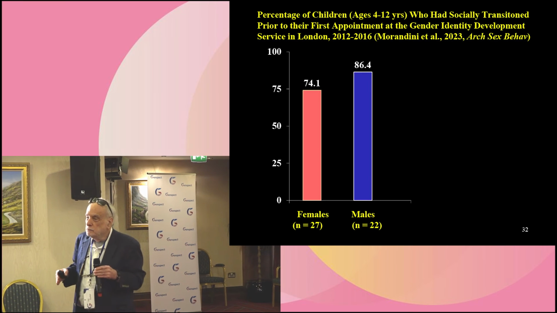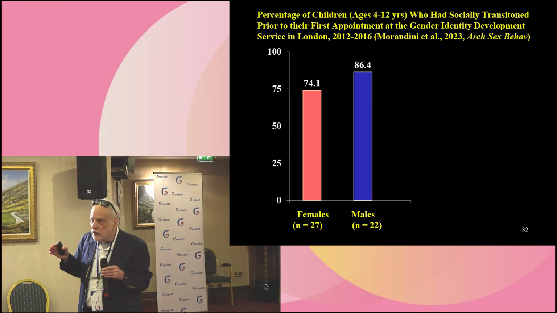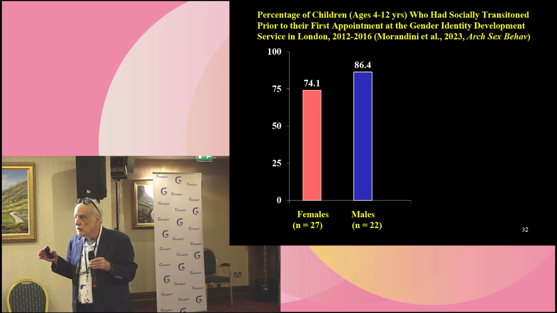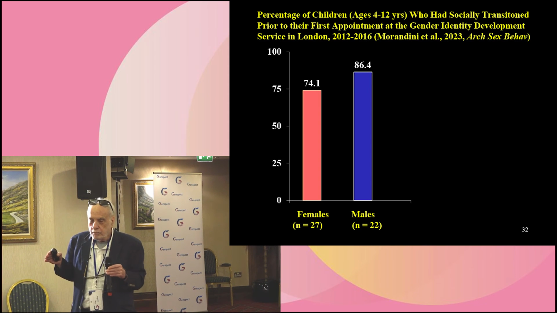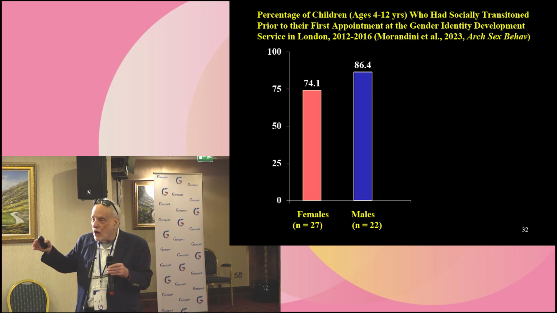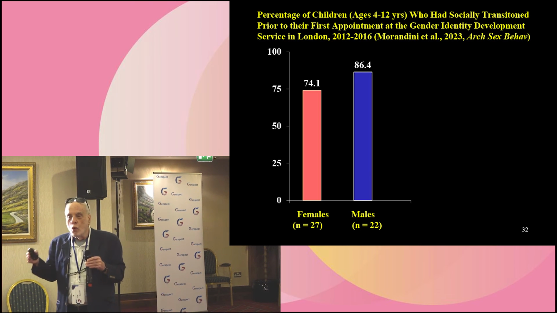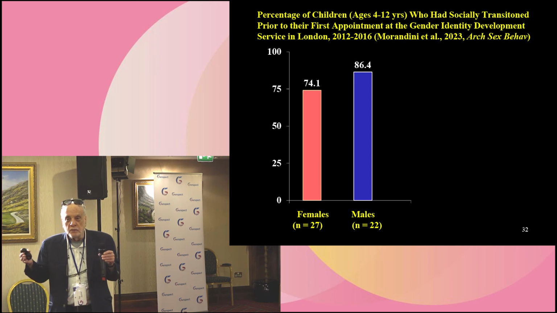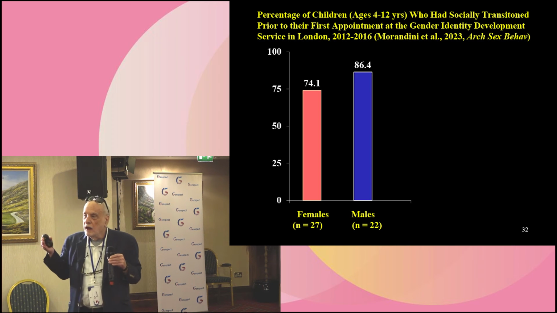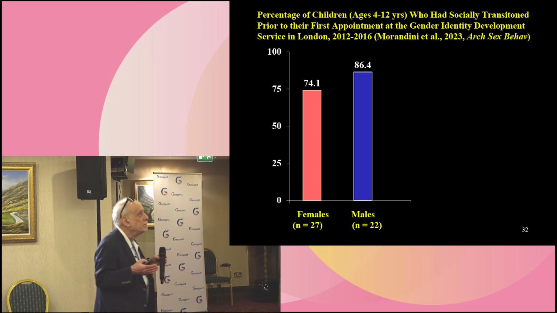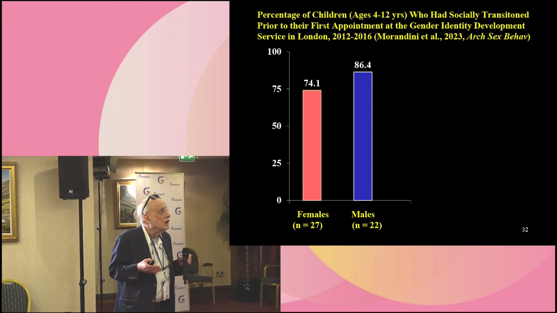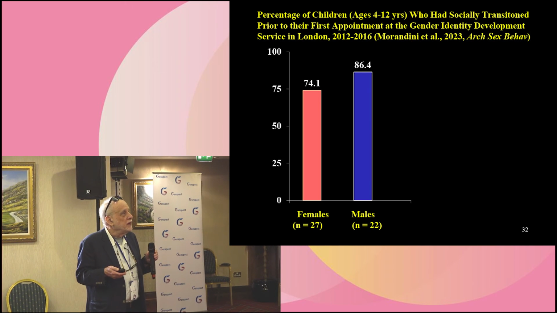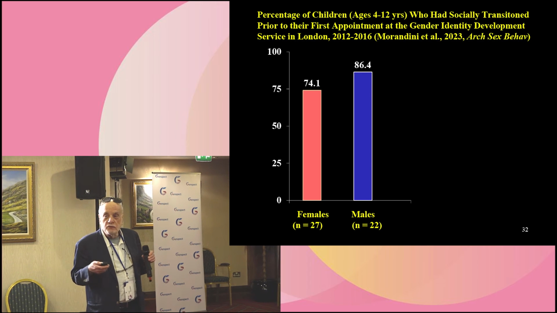Now, one of the great sea changes, I think, that is happening in specialized gender clinics in the time we're in now is that more kids are coming into clinics for their first visit and that they have already socially transitioned. These are data that were just published in Archives of Sexual Behavior by Morandini from the GIDS in London.